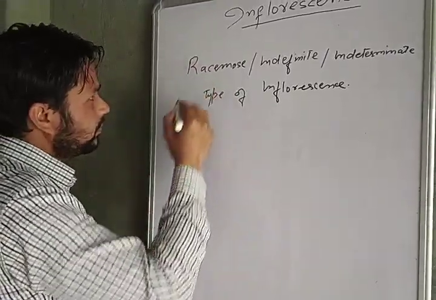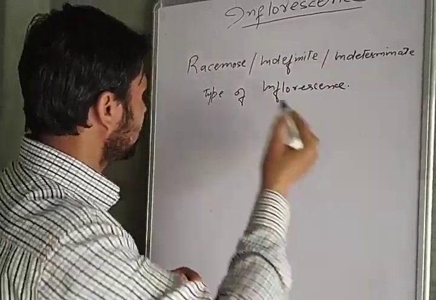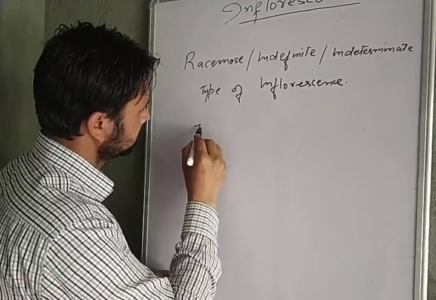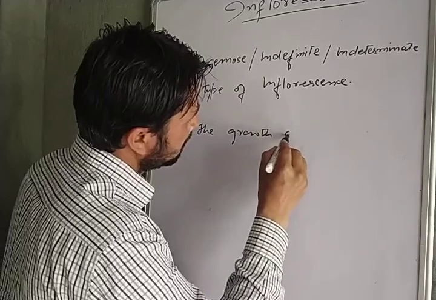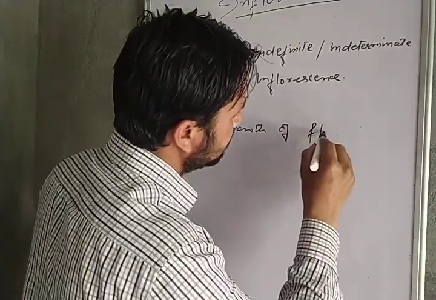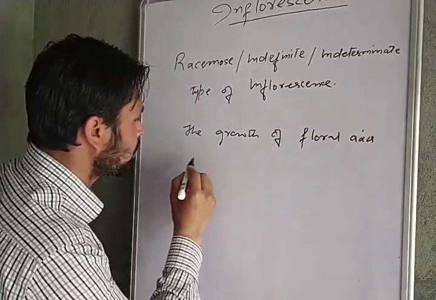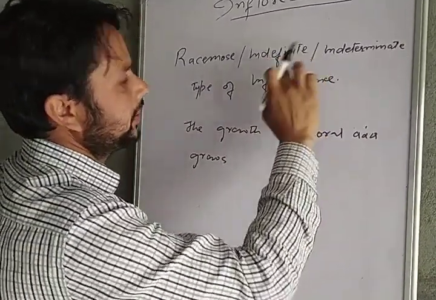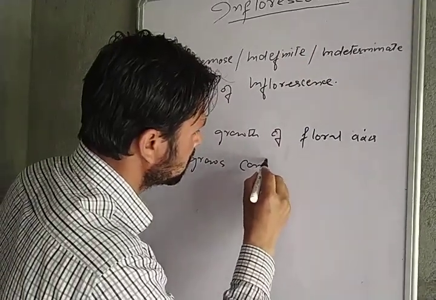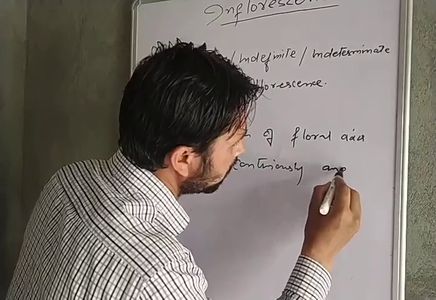If we define this racemose or indefinite or indeterminate type of inflorescence, we can say the floral axis grows continuously. That's why it is indefinite.